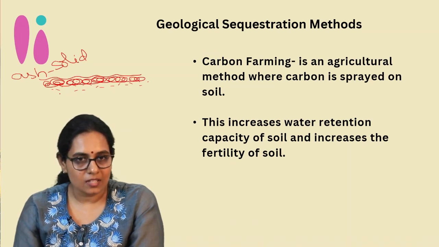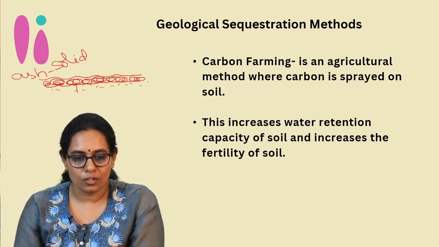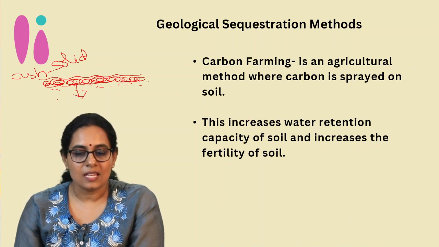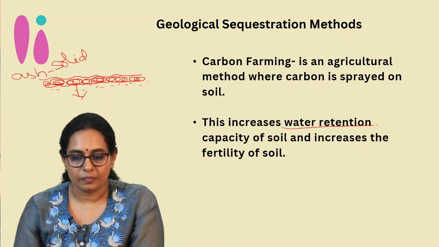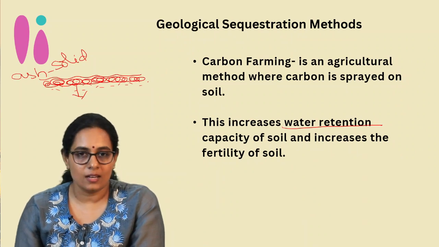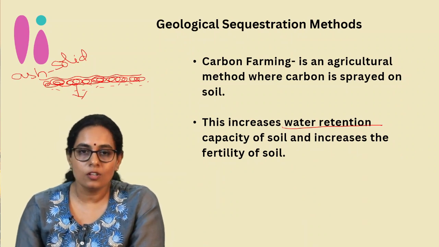When carbon is sprayed in the top layer of the soil, it has two advantages. One is that it increases the water retention capacity of the soil, and it also increases the fertility of the soil.